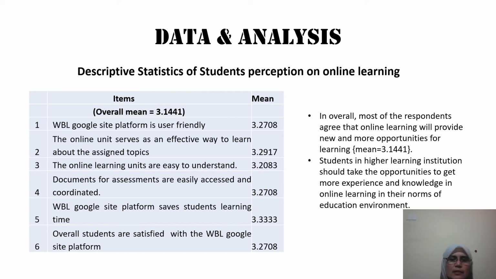Descriptive statistic of student perception on online learning. Overall, most of respondents agree that online learning will provide new and more opportunities for learning, where the mean is 3.1441. Students in higher learning institutions should take the opportunities to get more experience and knowledge in online learning in their norms of education environment.